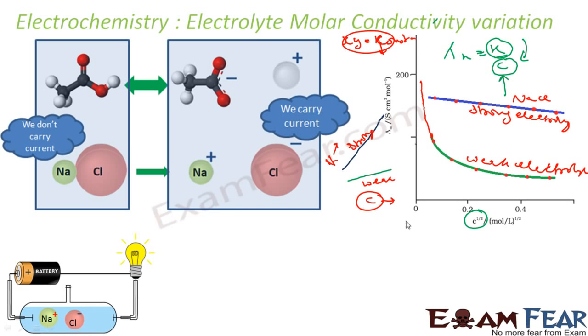Now at these values, when concentration almost approaches zero, then my molar conductivity is given a new name, and that is called limiting molar conductivity.